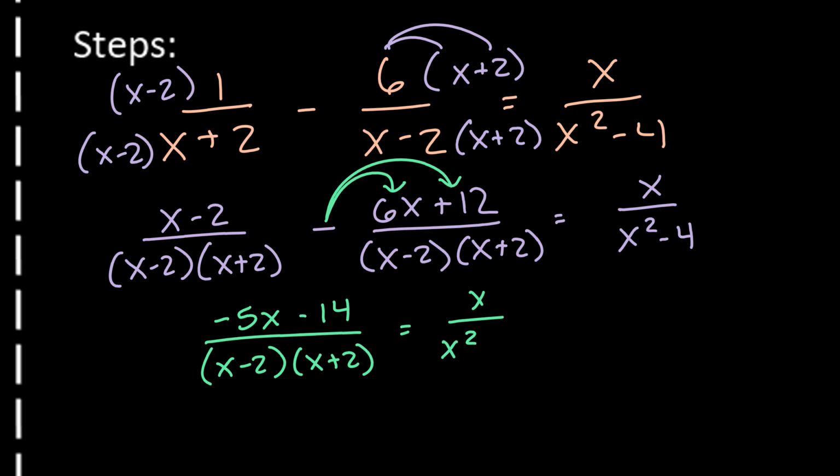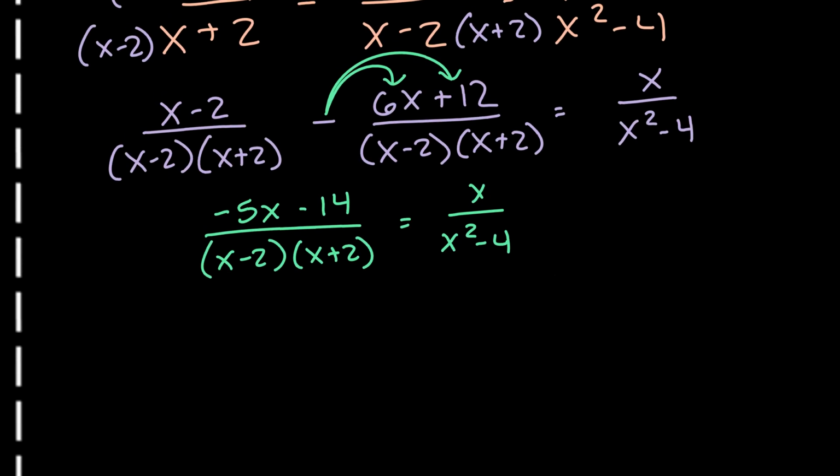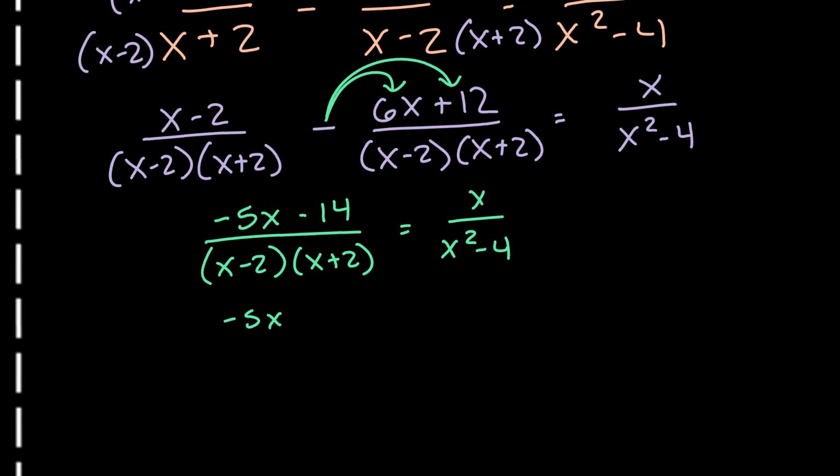Now, at this step, before you cross multiply, you should be looking: are the denominators the same? Are they here, actually? Why? This is x minus 2 times x plus 2.